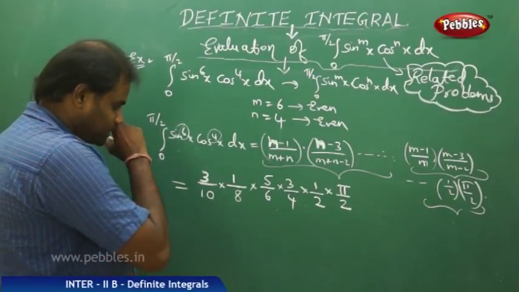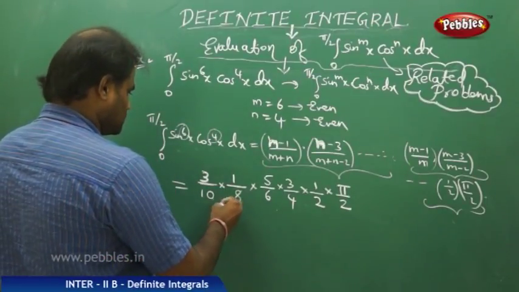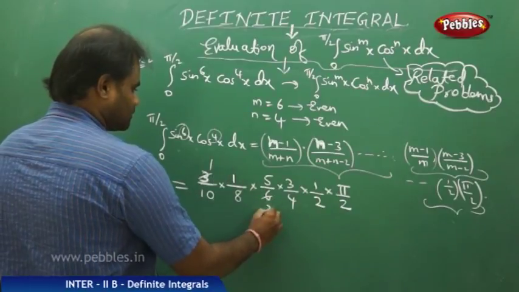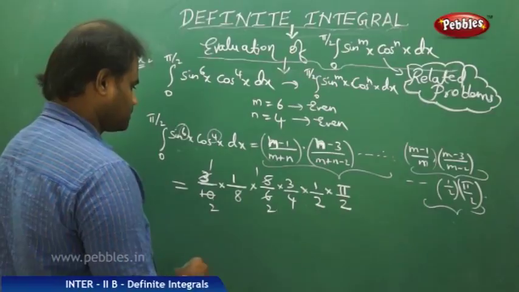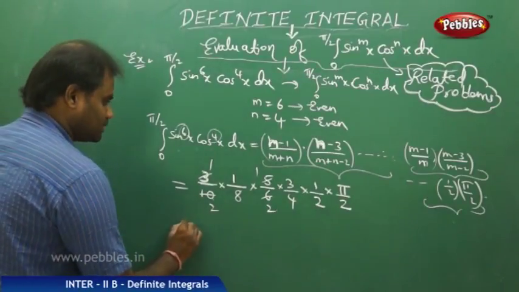This on simplification gives us the whole of 3 1s, 3 2s, 5 1s, 5 2s is what we get.